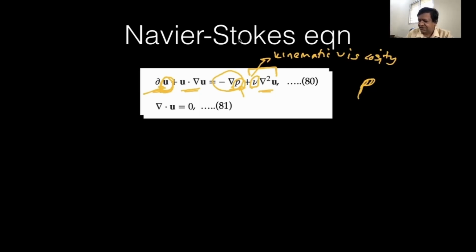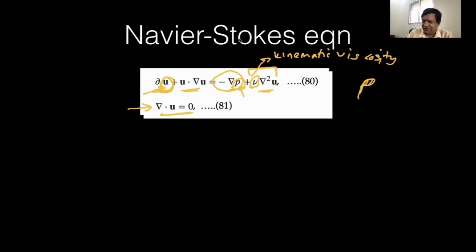Now it turns out for water, where density is approximately constant, the velocity field has a certain constraint. The divergence of U is 0. So del dot U is 0. This is a condition on the velocity field.